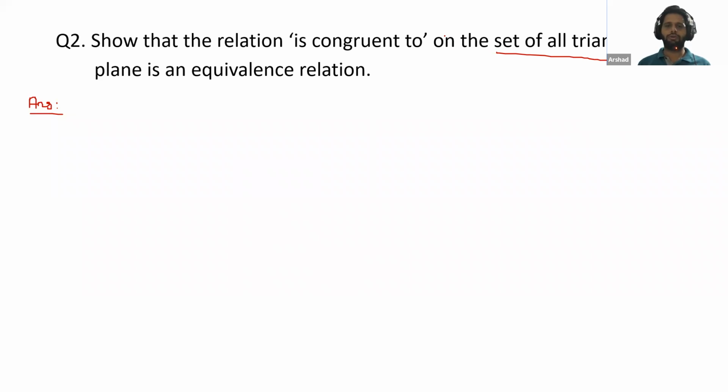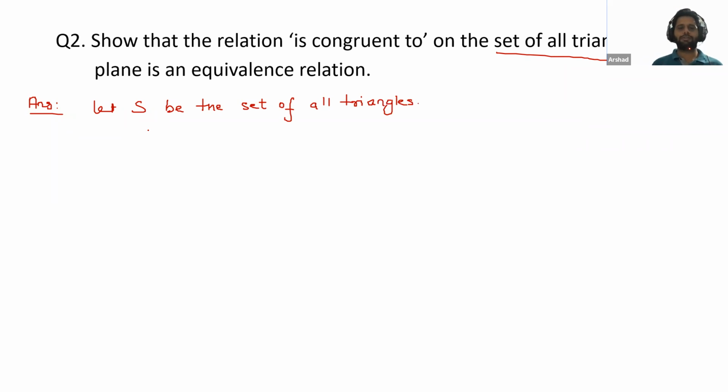So let S be the set of all triangles. Now we need to show that this relation, congruent to, is an equivalence relation. As per the question, we can write the statement only or we can show it.